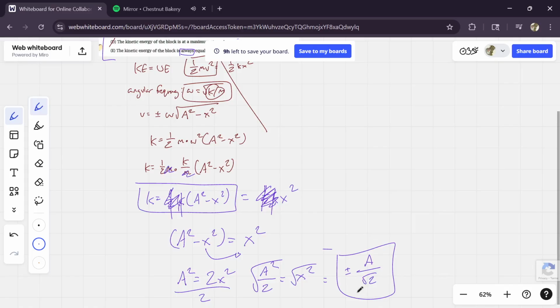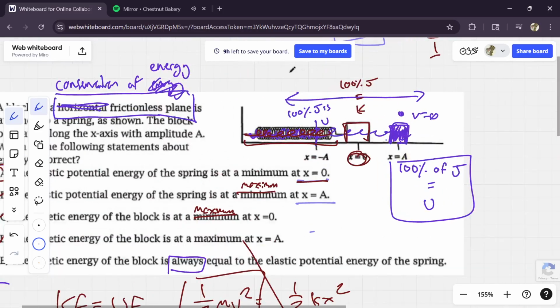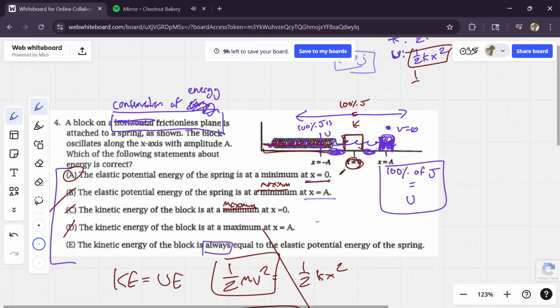They're only equal to each other at the position plus or minus A over square root 2, which is going to be somewhere here, somewhere on the plus, somewhere on the minus. That's when it would be 50 joules elastic, 50 joules kinetic. It's not going to be always though, which is why the answer cannot be E.